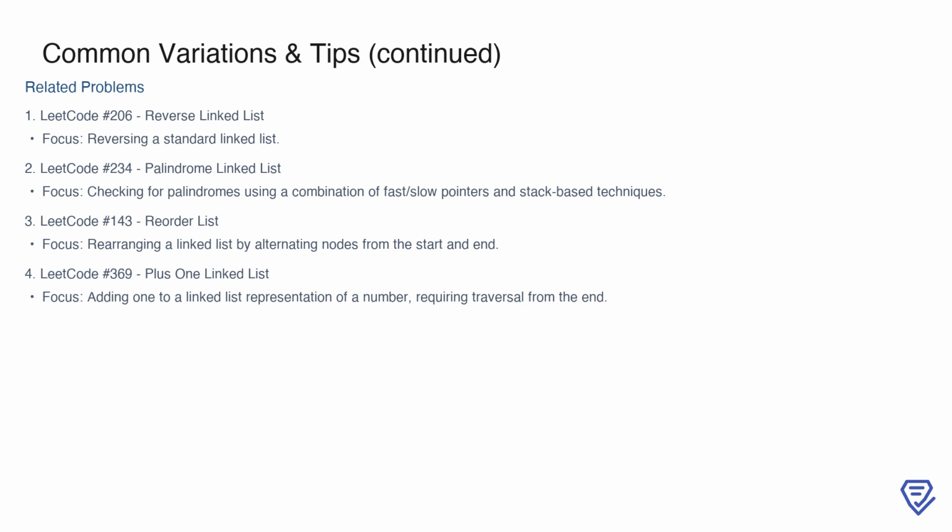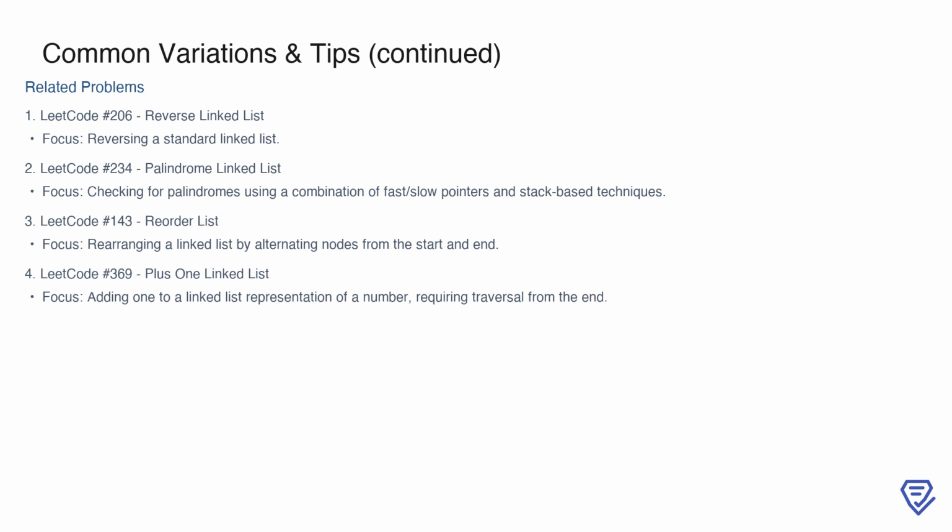For example, LeetCode number 206 focuses on reversing a standard linked list, which can help you practice fundamental linked list manipulations. In LeetCode number 234, you'll work on checking if a linked list is a palindrome, often using fast and slow pointers combined with a stack. Meanwhile, LeetCode number 143 involves rearranging a linked list by alternately picking nodes from the start and end, a problem that tests your ability to manipulate pointers effectively.